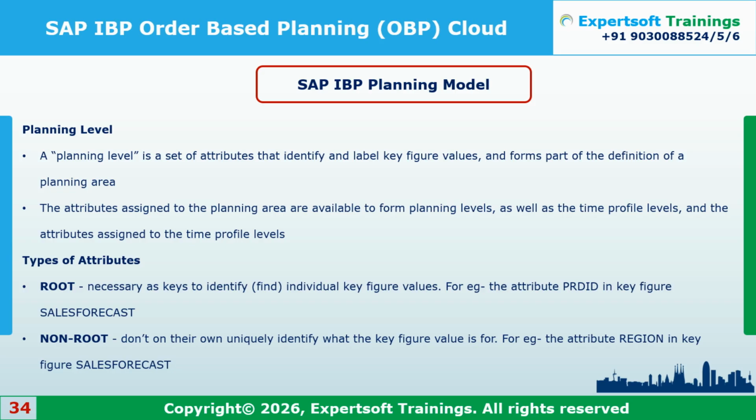Product family is not a key attribute; it's a non-key attribute. But you want to display the data at that attribute level. In those cases, we use the non-root attributes. So this is for navigational purposes when you are visualizing the data. Clear?